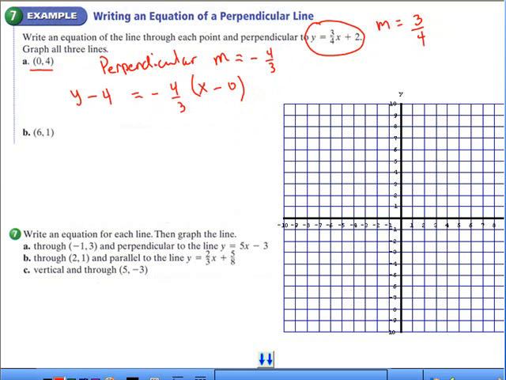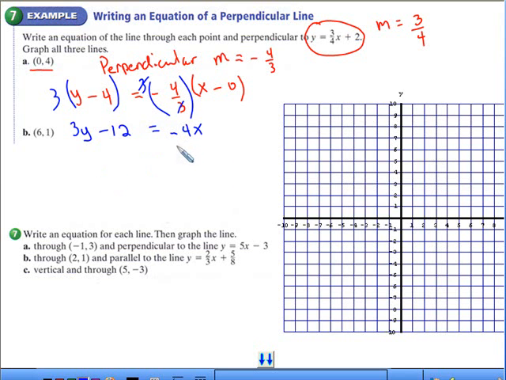So we're going to multiply both sides now by 3 to get rid of the fraction. So we're going to get 3y minus 12 is going to be equal to, x minus 0 is just x, so we're going to get negative 4x. Now, since x is negative, let's move it to the other side.